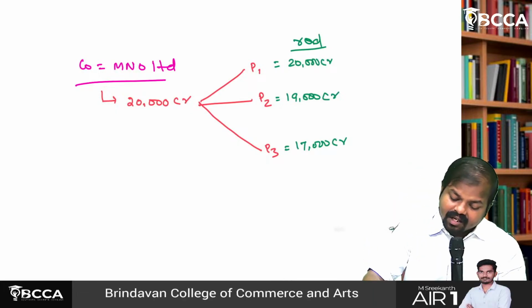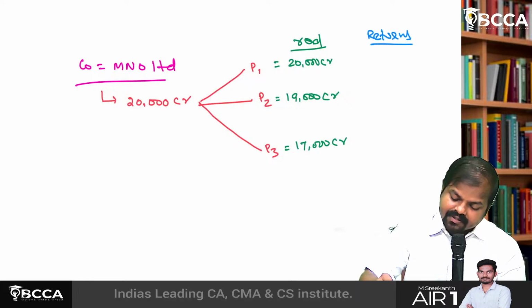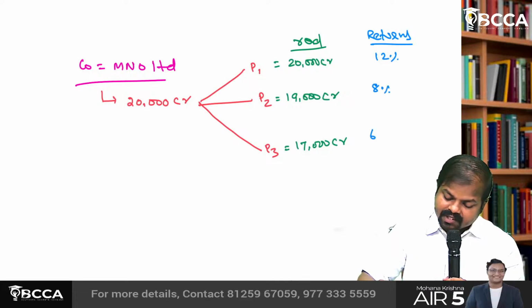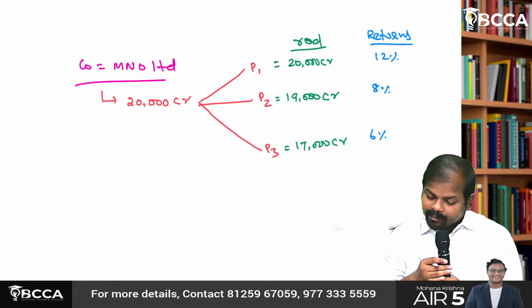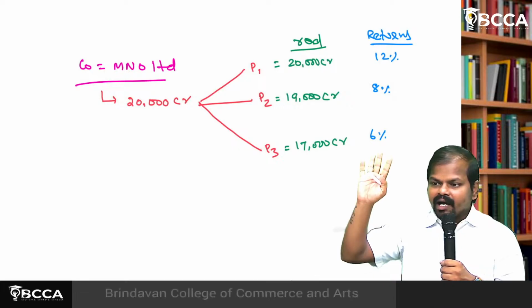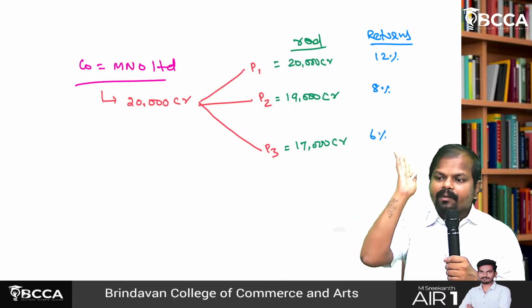If you see the returns: 12%, 8%, 6%. It means if I invest 20,000 crores, after 1 year I will get 20,000 crores plus 12% extra.